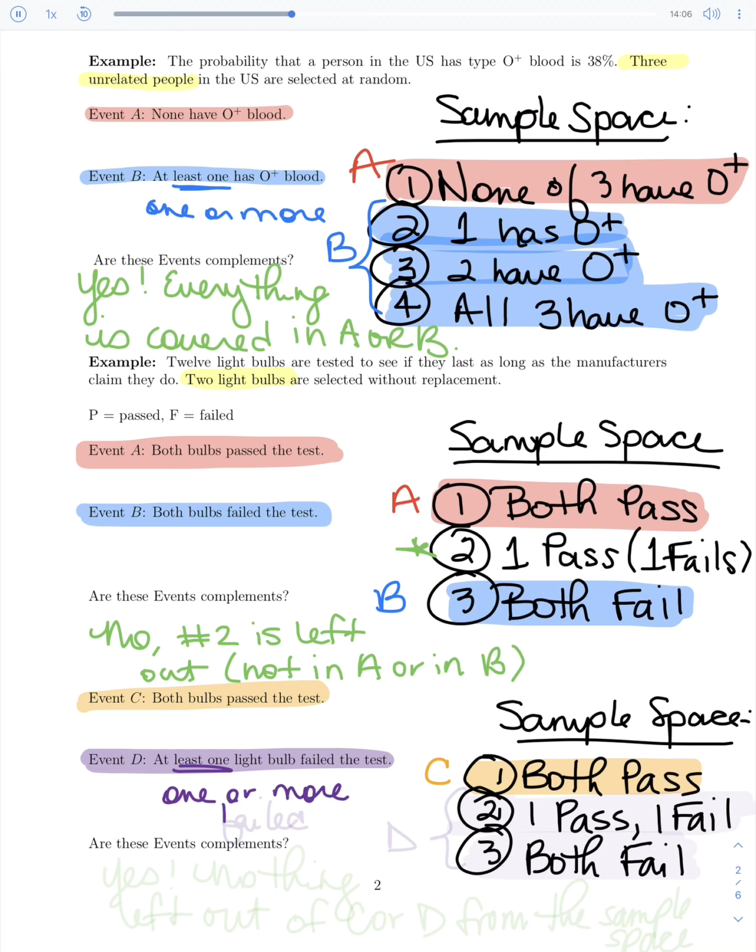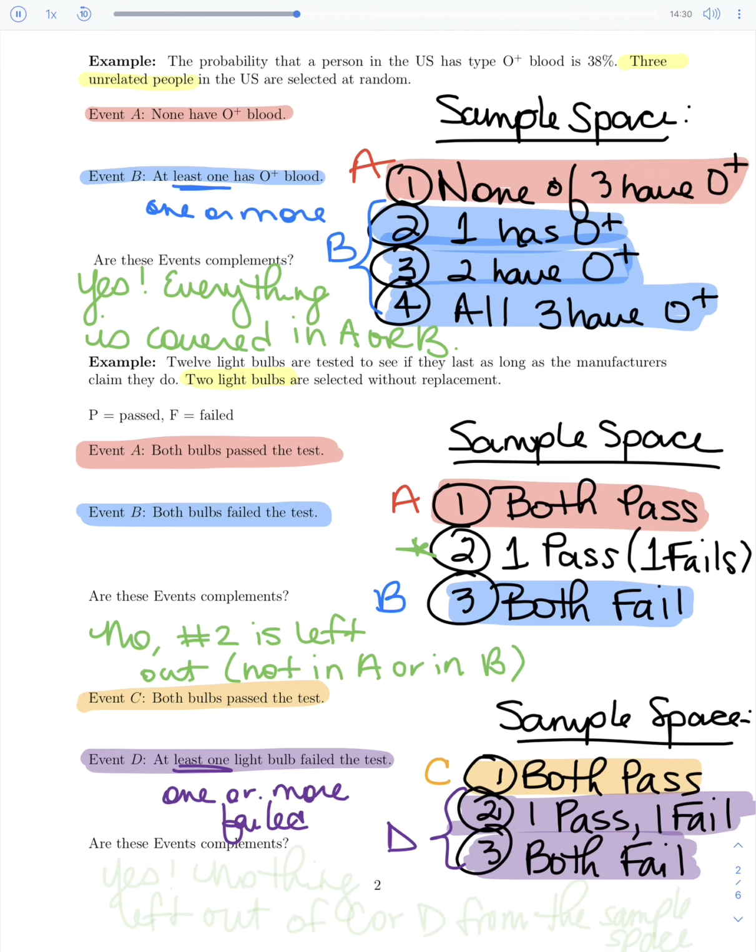So one or more failed. So let's take a look at that. And option number 2, or possibility number 2, you do have one fail. So we will go ahead and include that in our event D. And having at least one fail does mean that both could actually fail. So both of these are included in your event D.